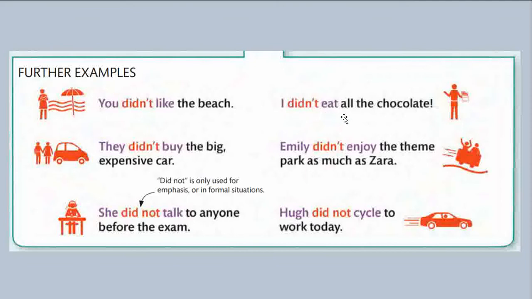I didn't eat all the chocolate. Emily didn't enjoy the theme park as much as Zara. Hugh did not cycle to work today. Now these are all in the negative connotations. You can make a note of it and you can pause the video and construct your own sentences.